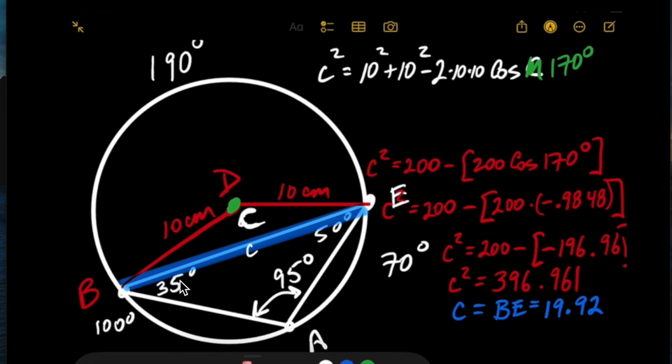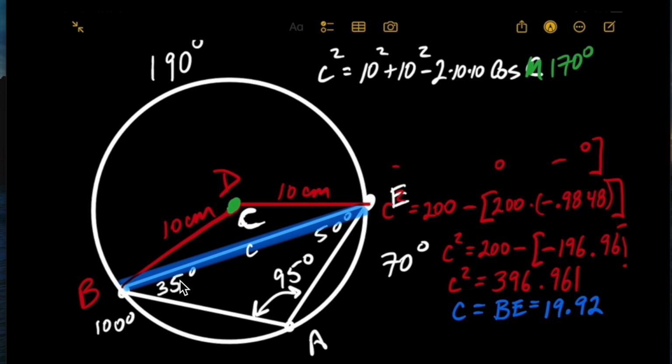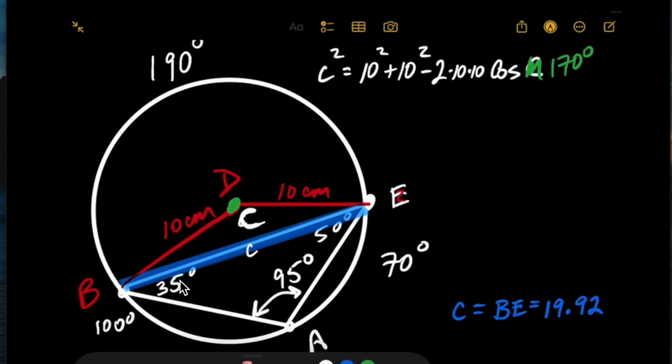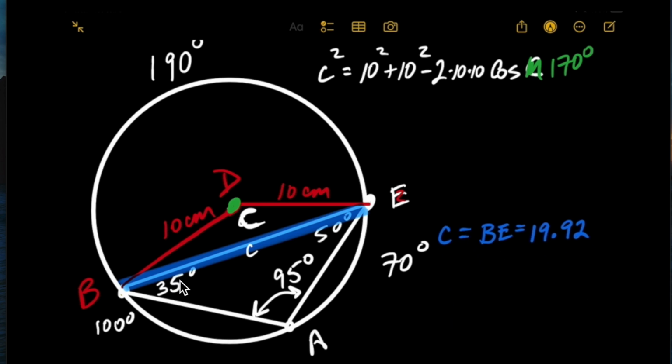Now that we have that blue length and we have an angle opposite to it, that allows us to use the law of sines. So the key with the law of sines is you have to be able to pair up a length and an opposite angle. And once you do that, you are able to find the other sides.